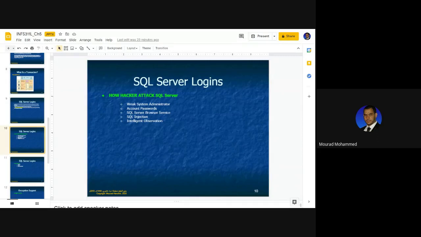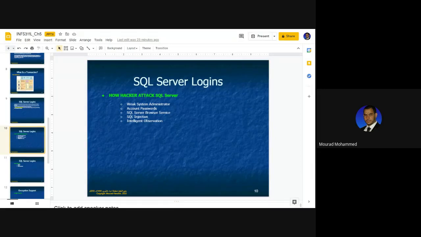I asked you a question at the beginning: how do hackers attack SQL Server? Mainly we talk about professional databases, database management systems generally. This question has a very broad answer, and we can answer it in different ways, all of them valid.